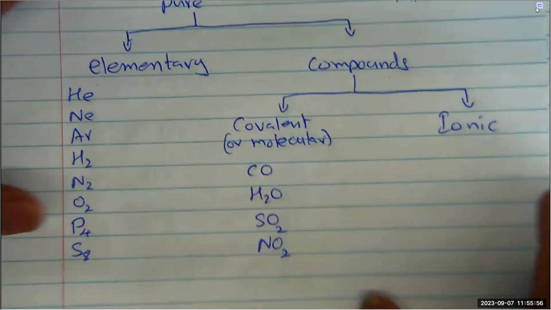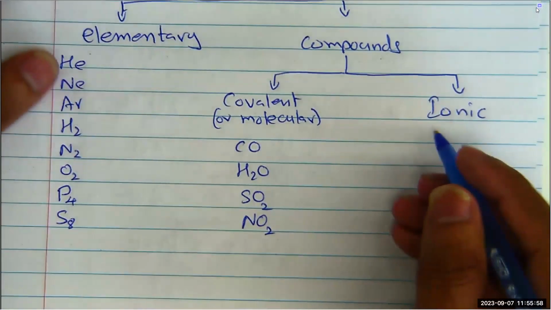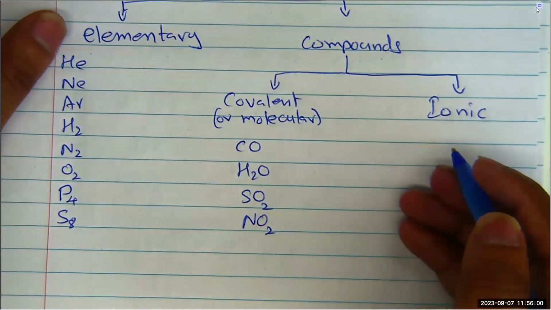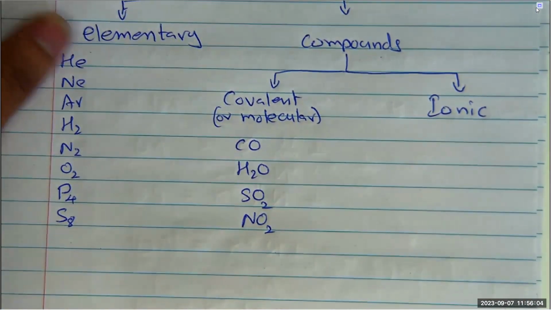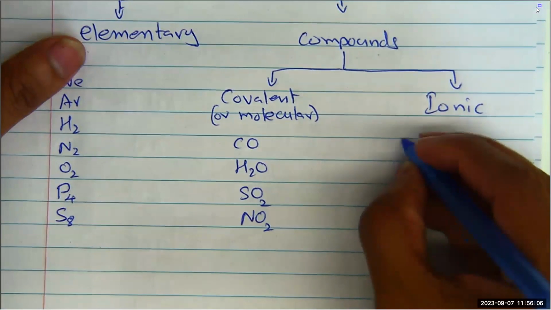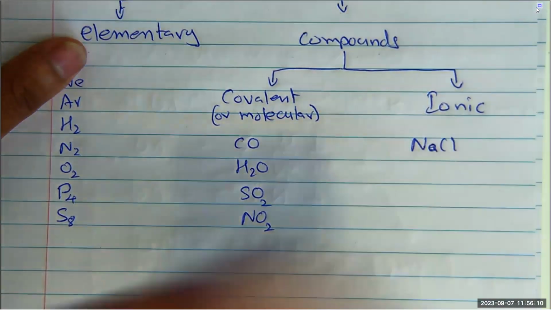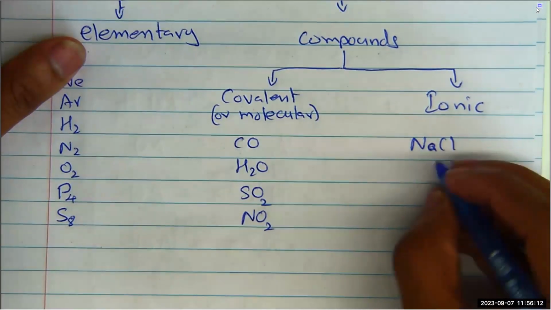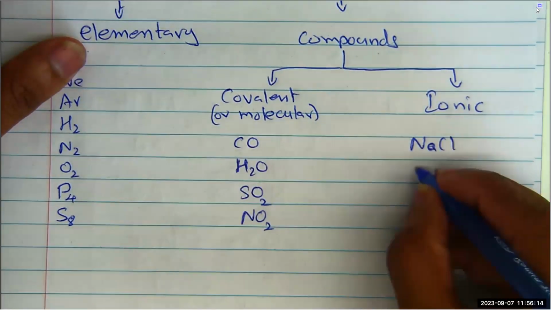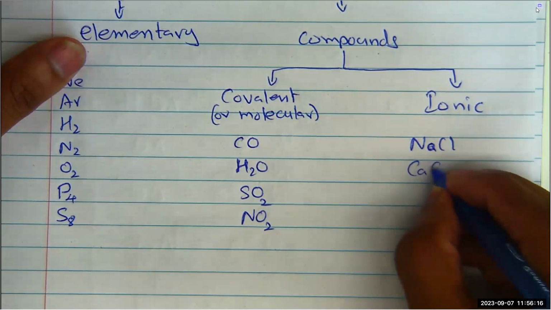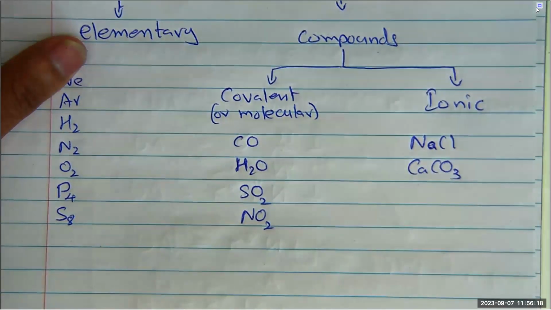On the other hand, we have ionic compounds as well. Does anybody know an example of an ionic compound? Yes? NaCl, or table salt, right? NaCl, sodium chloride. And if you have been to a beach, you have seen seashells, which are made of calcium carbonate.